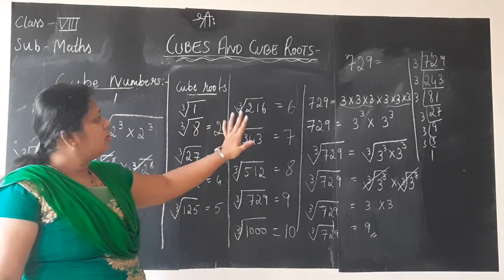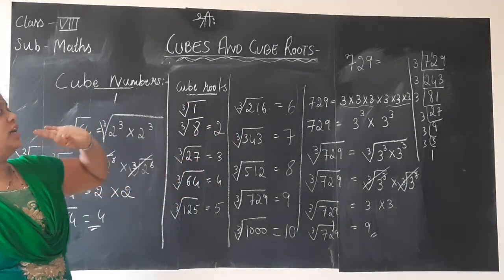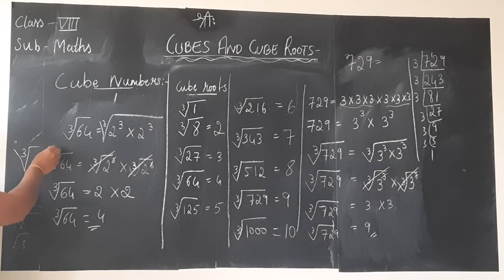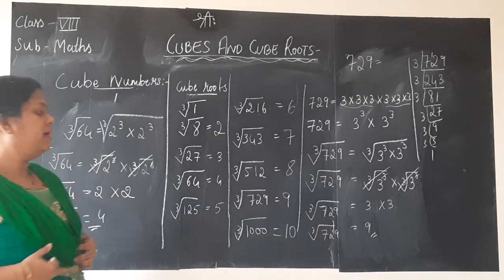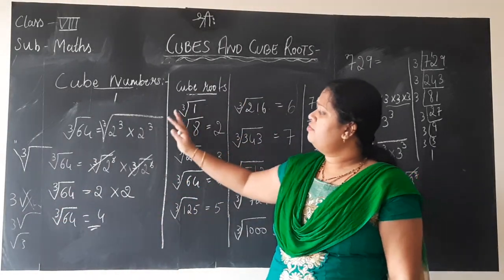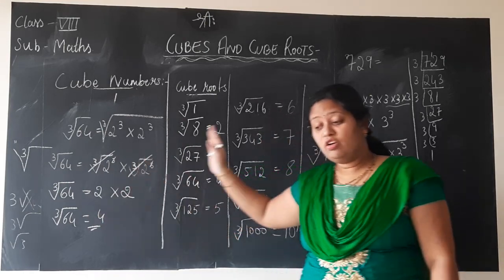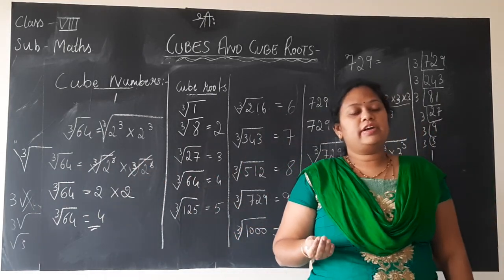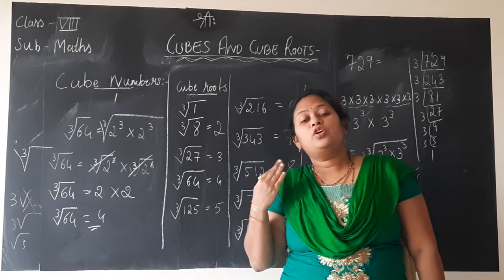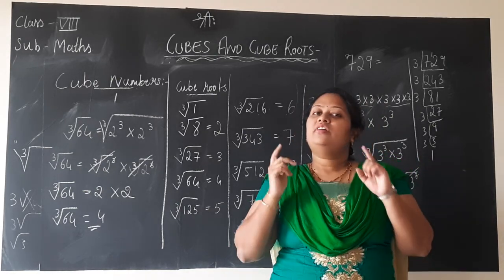So this is about the fact of cube roots and how to find the cube root of a number, as well as the new representation you have learned today, how to represent the cube root symbol. So next, children, with this background of cube roots, we will learn how to find the cube root of a given number by 2 methods.